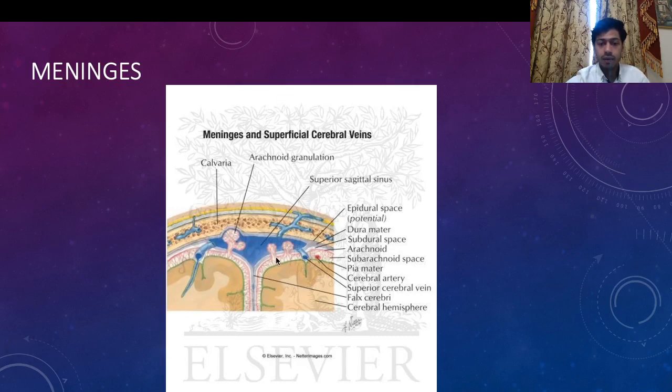and if there is any inflammation of the pia mater, it can cause meningitis, because of the blood vessels which run in the subarachnoid space, connecting the arachnoid and the pia.